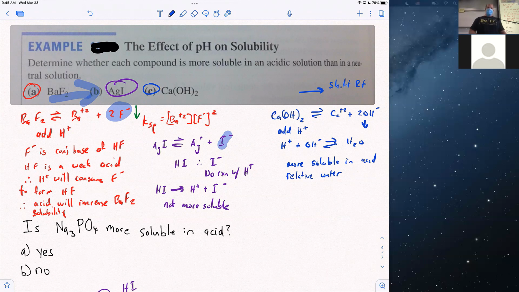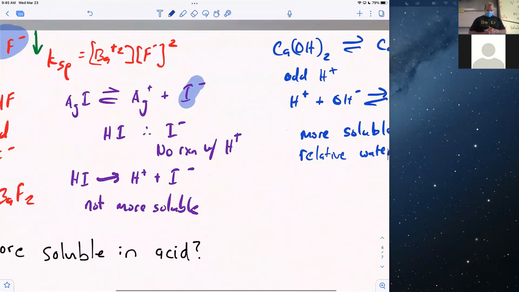So having a vegan in the kitchen as I'm making marshmallow cookies will not affect it, because the vegan will not eat the marshmallow cookies. So that's like silver iodide. Iodide does not react with hydrogen, just like a vegan won't eat animal products. Therefore, the presence of acid, like someone with a dietary restriction, doesn't matter. Whether you have an empty kitchen or a whole army of vegans in there, they're not going to eat your marshmallows.